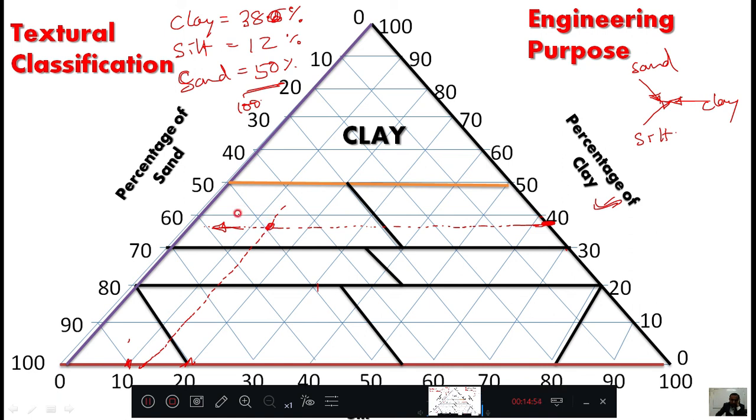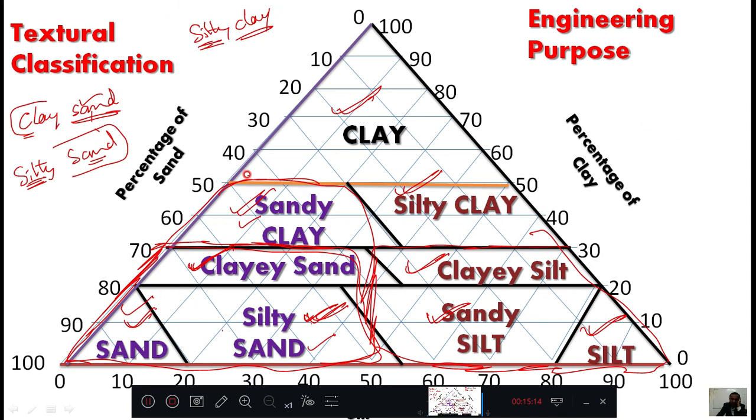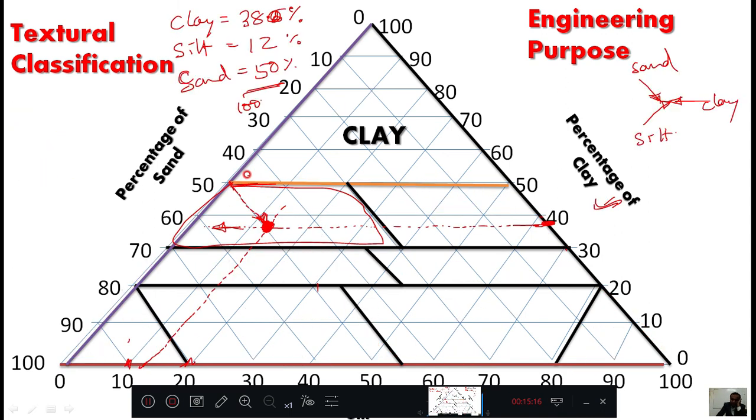Then at that point, obviously the sand is 50% and the line is downward inclined, therefore it will come and join here. Therefore I got one point here. This point is in this region, and this region is named as sandy clay. Therefore the classification of this soil is sandy clay.